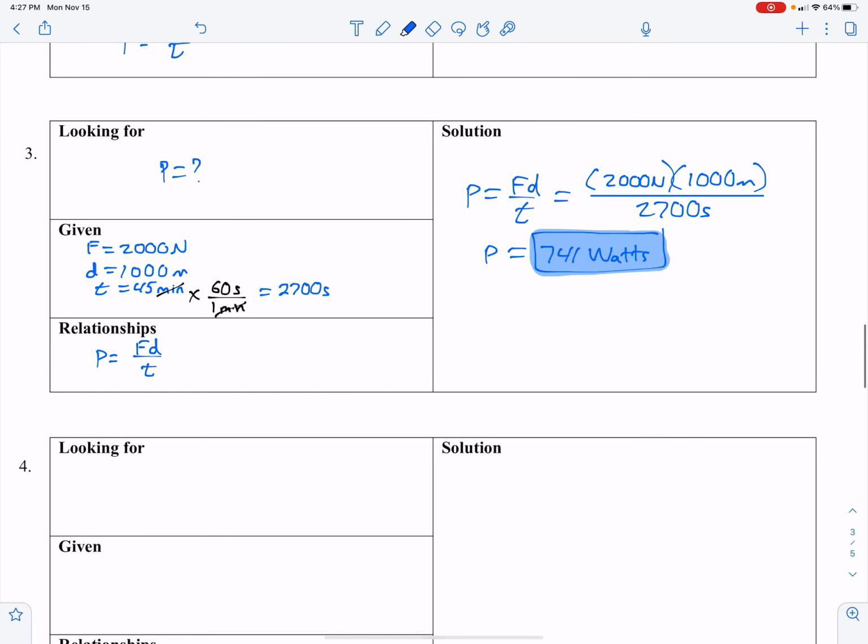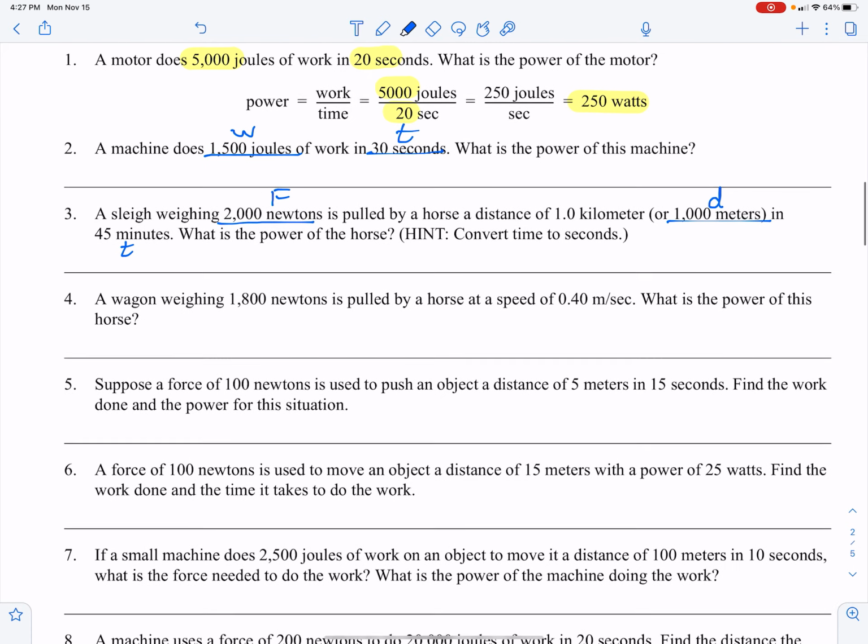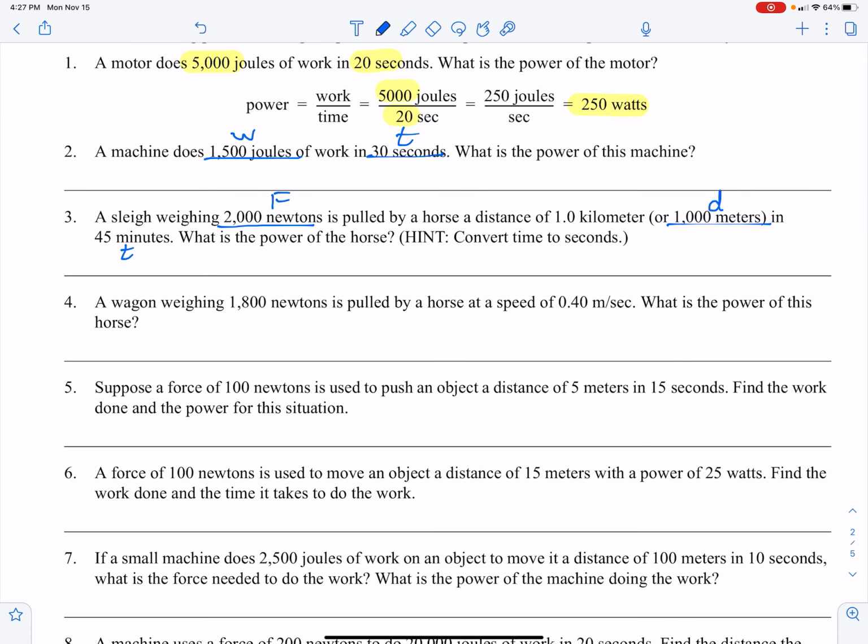Let's take a look at number 4. A wagon weighing 1,800 newtons is pulled by a horse at a speed of 0.4 meters per second.